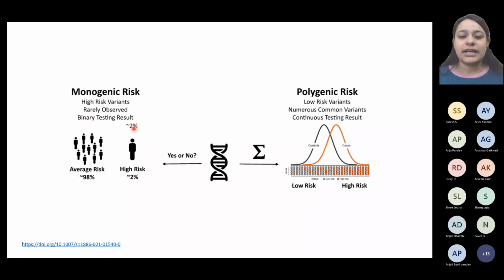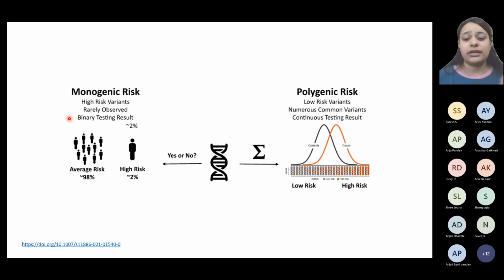And what does this binary test result mean? That if you have this risk variant, then there are two options. Either you have the disease or you don't have the disease. That is the binary result, right? So it is either black or white, yes or no, 0 or 1, right? So over here, what does binary testing result mean?